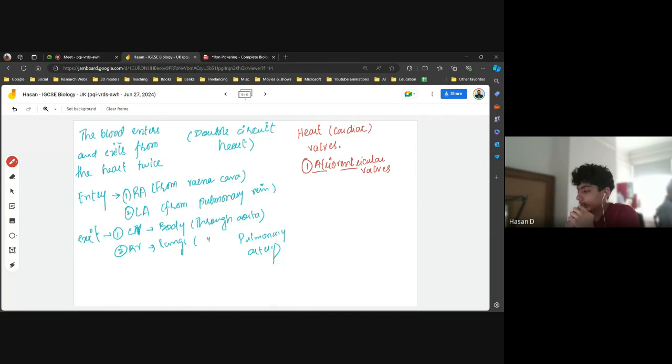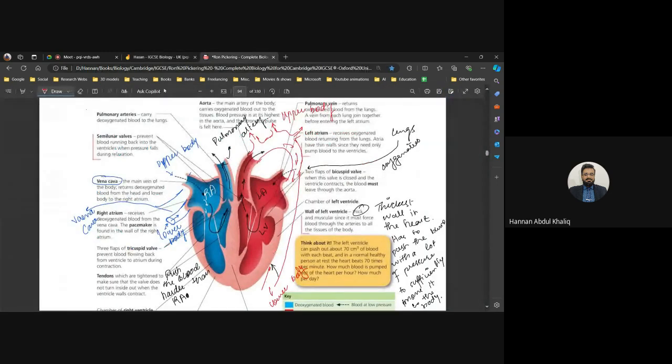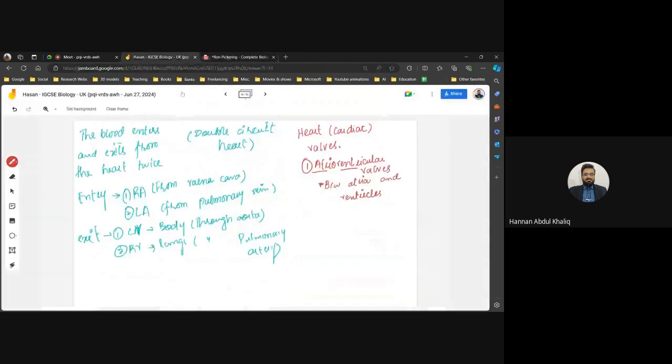They are situated between atria and ventricles. Look at this. One is this one, and the second one is this.